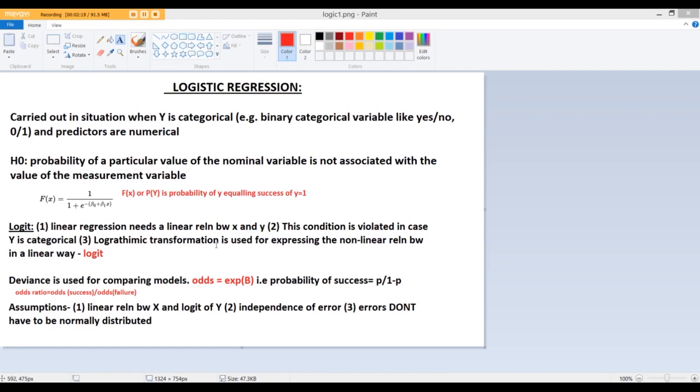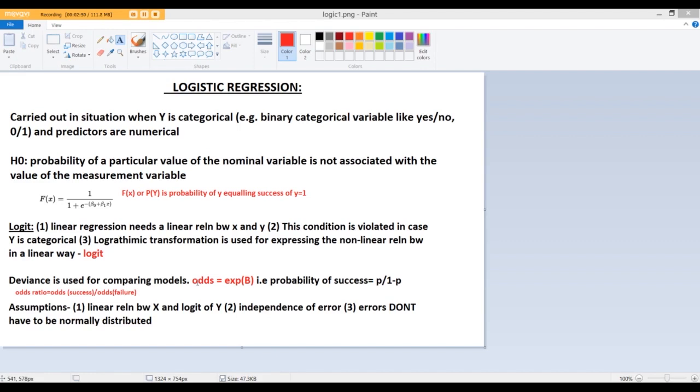A logarithmic transformation is used for expressing the non-linear relation in a linear way, and this is known as a logit. Based on this, this particular formula comes about. Essentially we end up taking the log of y for our linear regression equation, and once we solve it we end up with this.